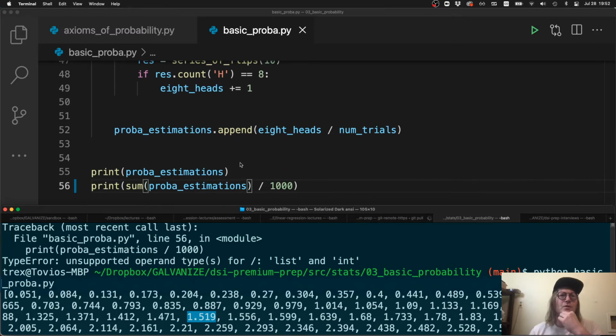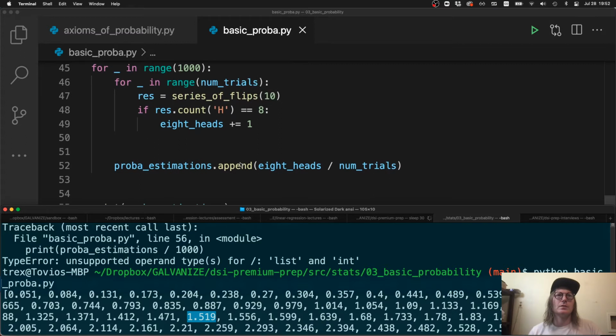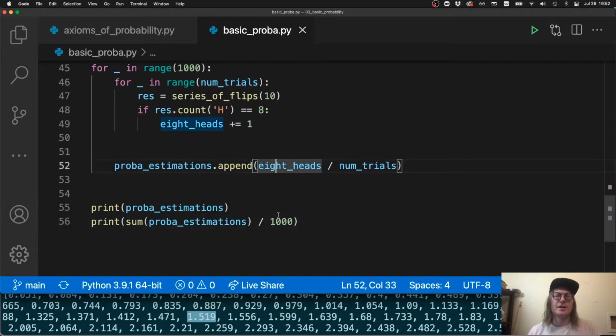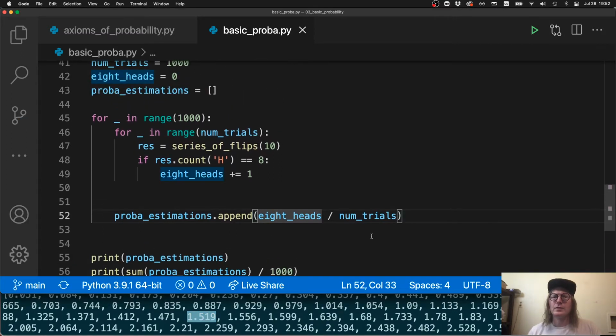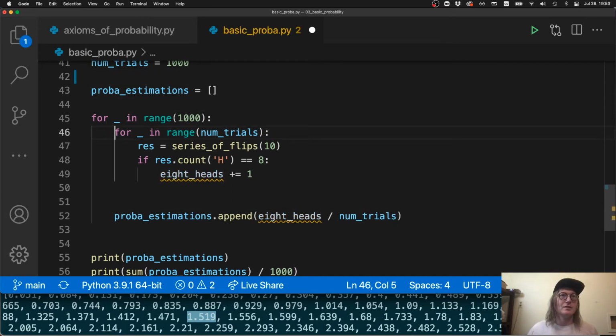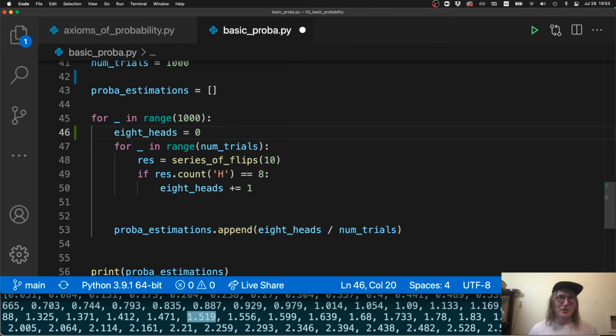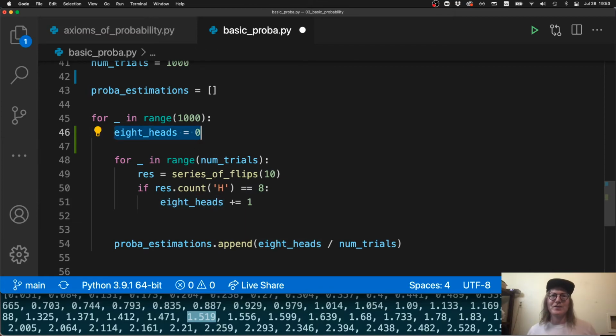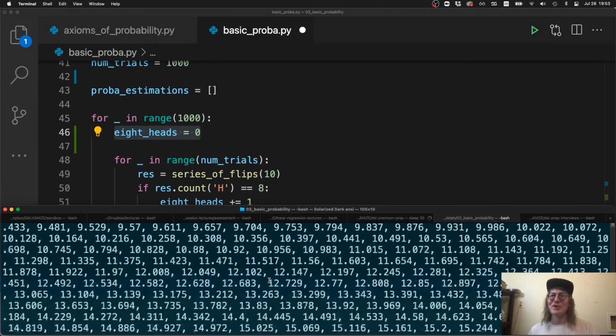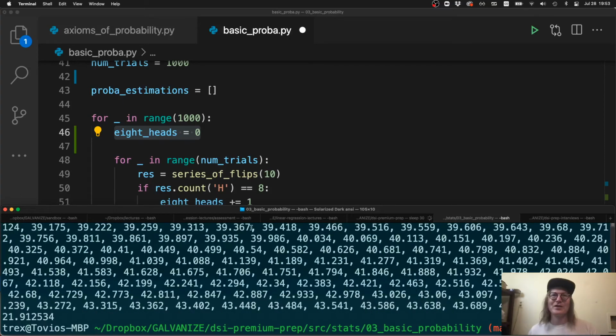Why am I getting numbers greater than 1? Does anybody see where my error might be in here? Need to put 8 heads in the for loop. Oh, wow. Yeah. Thank you so much. That absolutely makes sense. I need to reset 8 heads every time, otherwise this number is just going to keep growing, right? As we can see, it is definitely growing. Okay, perfect.